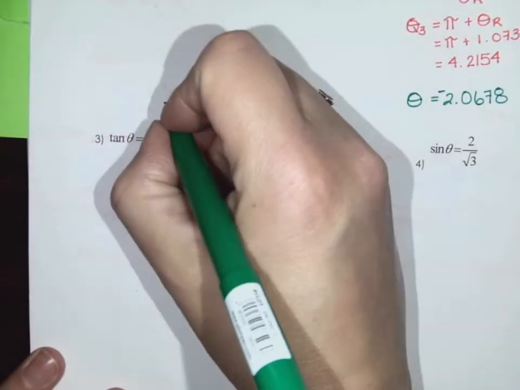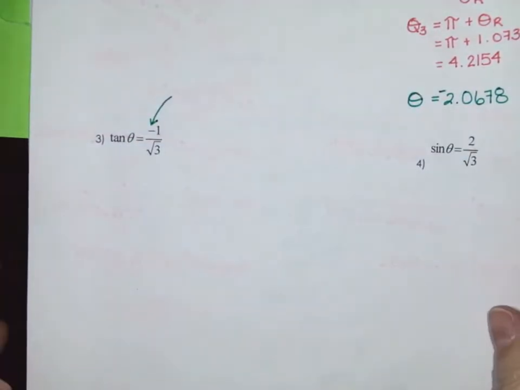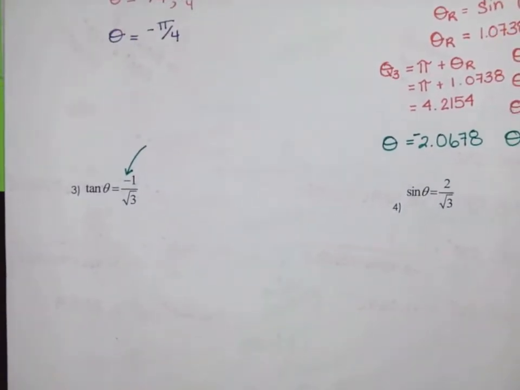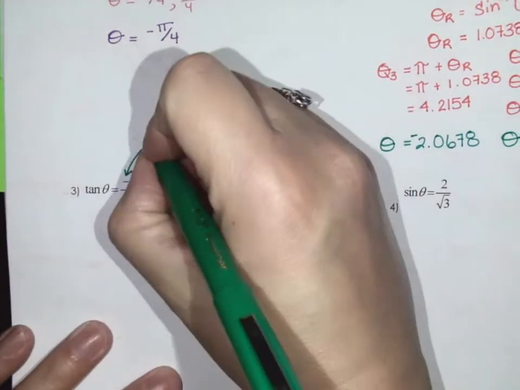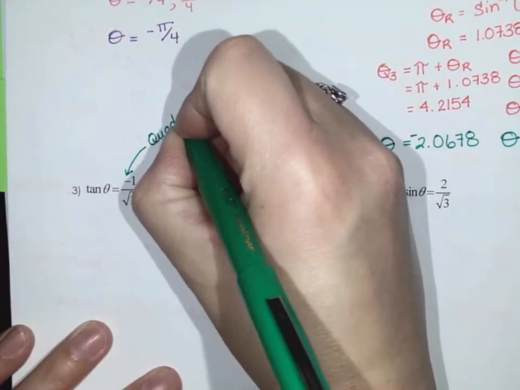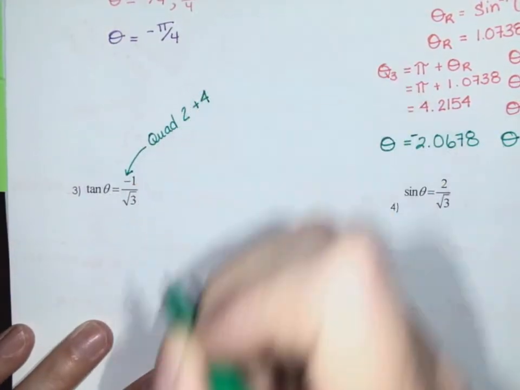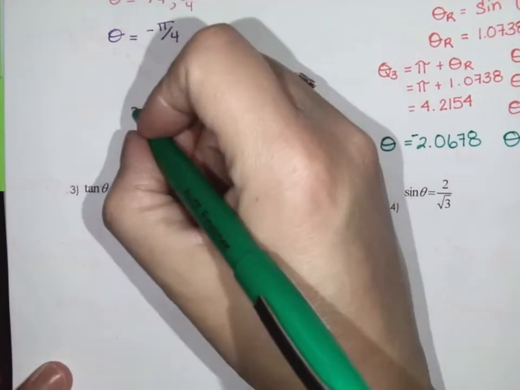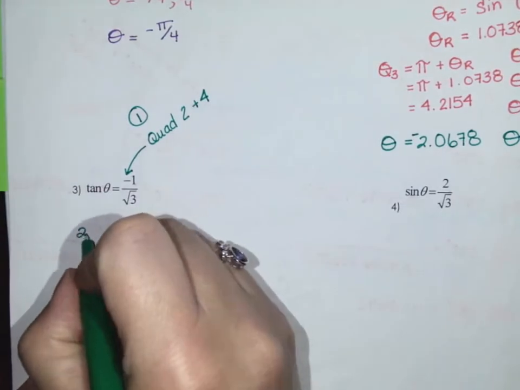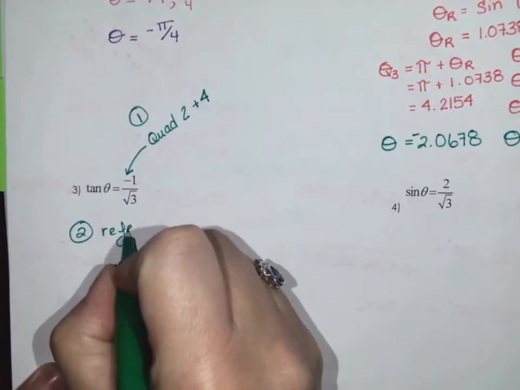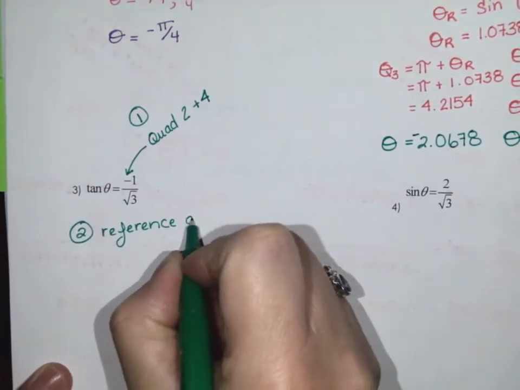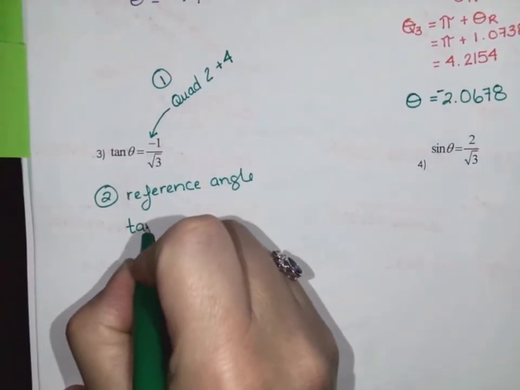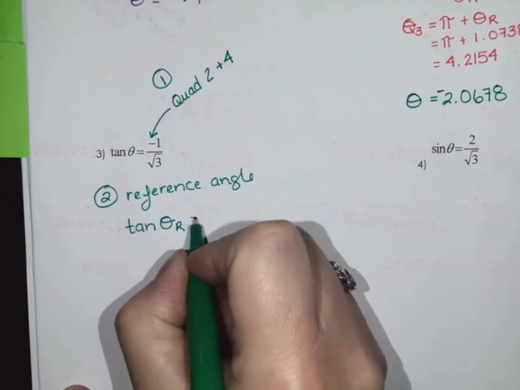Ooh, okay, the negative tells us what? The negative tells us we're in quadrants 2 and 4. Okay, so now that I have that, what's my next step? So this is step 1. Step 2, we're going to do our reference angle. Okay, and the way we deal with our reference angle is, what do?